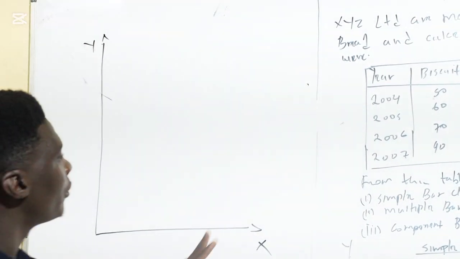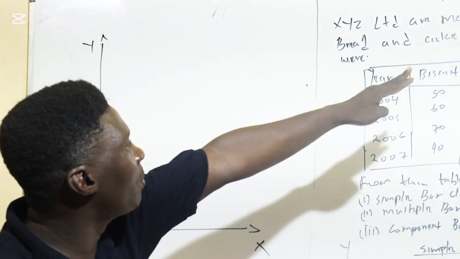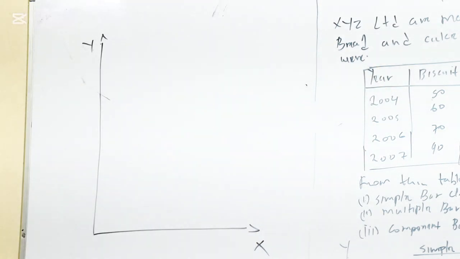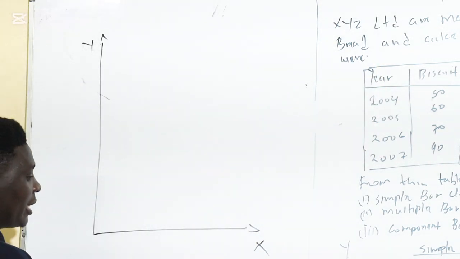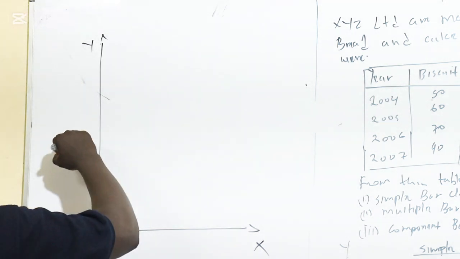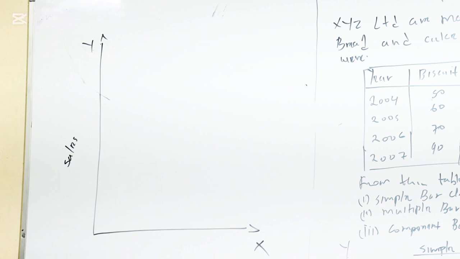So for example, with our simple bar chart, from the question we have the sales of the product and what? The year, meaning on our x-axis, you're supposed to have years. Then on our y-axis, you're supposed to have what? Sales. Then another thing, we must choose an appropriate scale on the y-axis. Now, how are we going to do that? So this is what we are going to do.